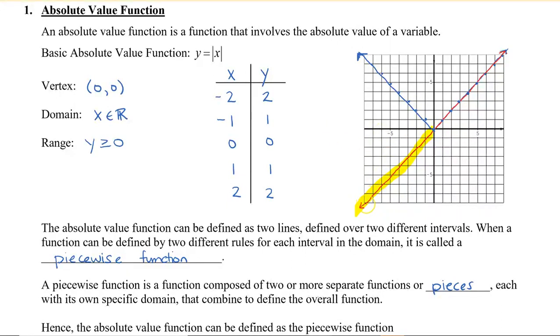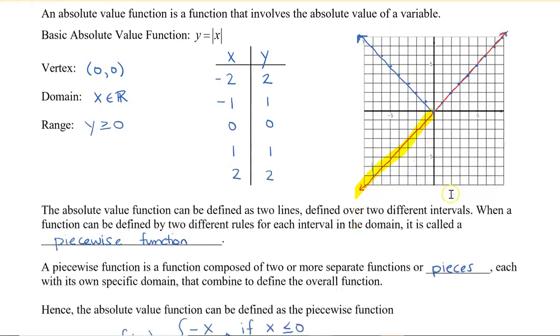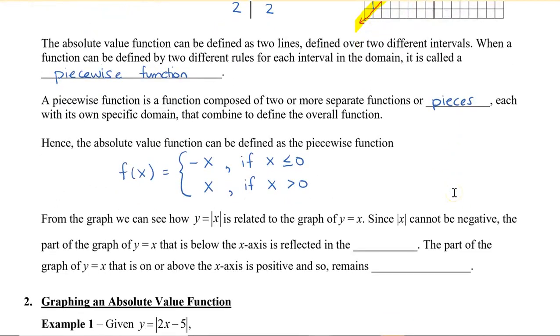Okay, so you can see that here, -8 has now become +8. -7 now moves to +7. -6 is +6, and so forth. So we see that what is below the x-axis is then reflected in the x-axis. So it is reflected above.